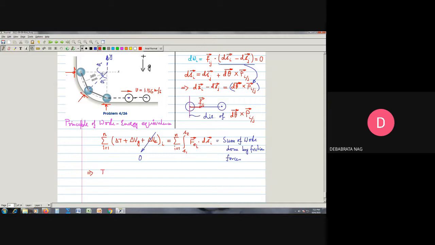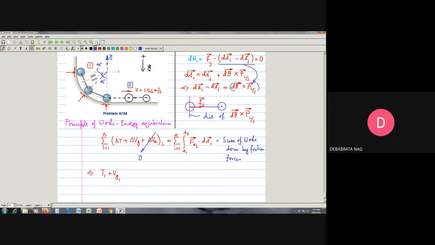that it is T1 plus Vg1. That means 1 indicates the initial position. So this position which is being given here can be categorized as the initial configuration, and the configuration that we are getting here, we can consider to be the final position.